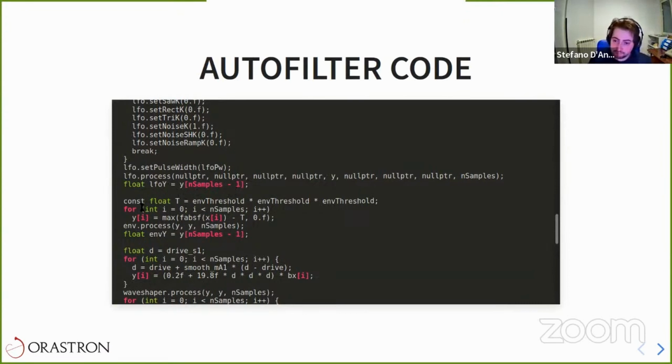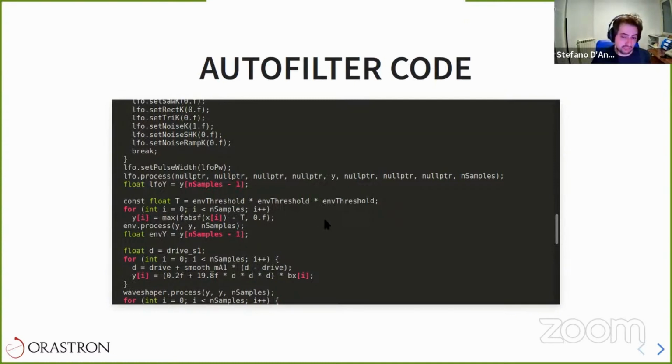Then here we use a one-pole filter to implement the envelope follower. Again, we have a threshold parameter on which we use a cubic mapping to generate the input for the envelope generator. Essentially, we do full wave rectification of the input, then we subtract the threshold and do half wave rectification.